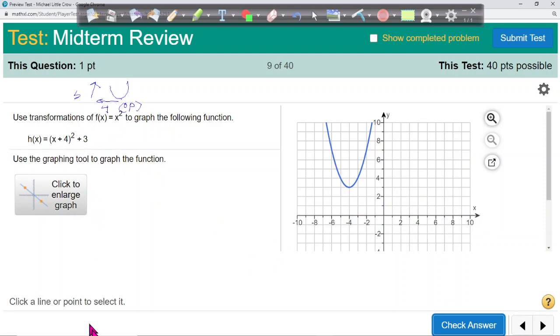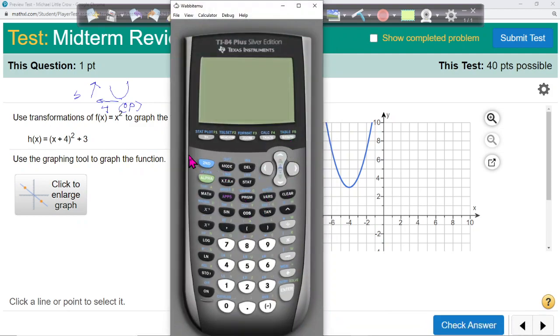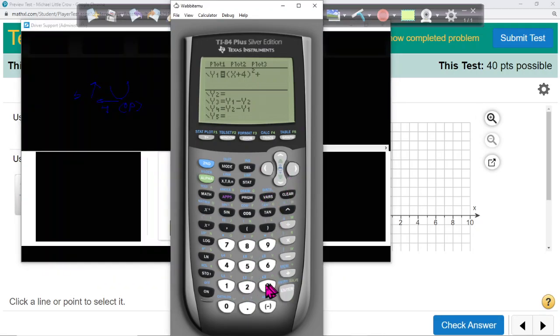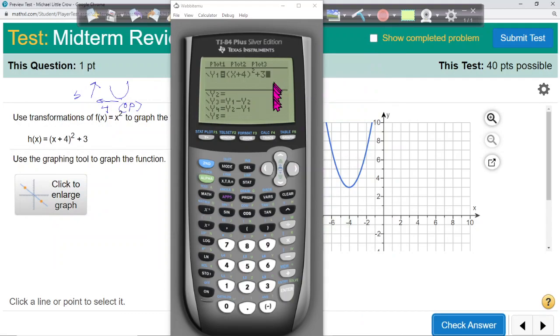Okay, so that, again, even if you know how to do it, you could also graph this. You've got a graphing calculator. You can use it. If you weren't sure what to do, just come here, graph it as is, x plus 4. And this is a good thing to do even if you feel like you know what you're doing, because I always feel like I know what I'm doing, but I end up sometimes making some mistakes.